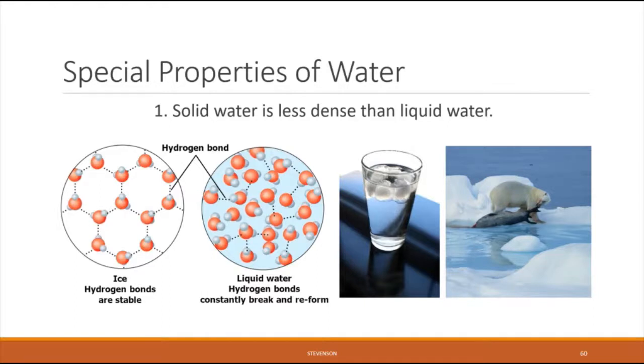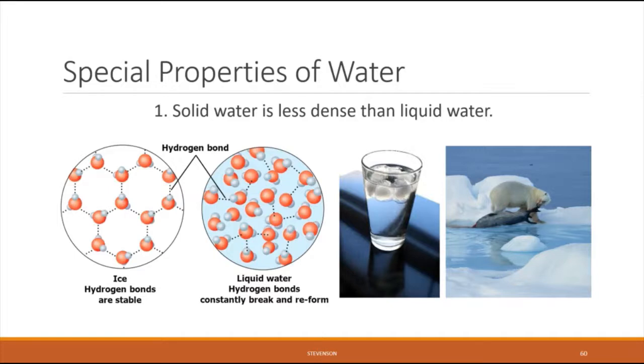The fact that solid water is less dense than liquid water, and the fact that bodies of water only freeze at their top layer while the remaining water remains liquid underneath, makes it possible for life to persist through seasonal temperature changes. Underneath that layer of ice on top, you still have all of the fish, all of the aquatic plants, all of the life going on under the surface of the ice.